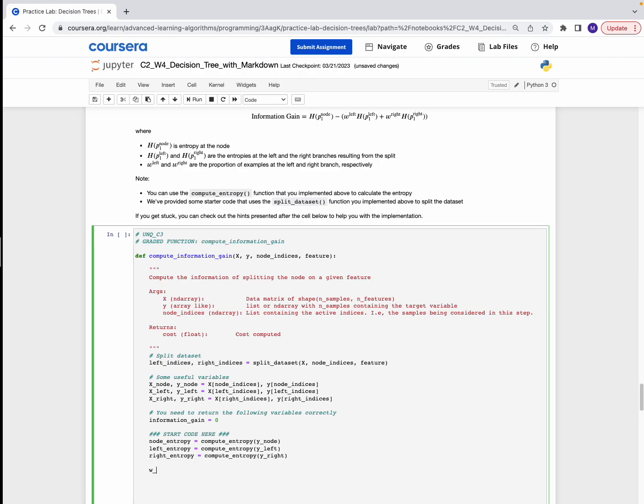To get this y left variable, it is the fraction of x left divided by length of x node. So this will give us the fraction like 3 out of 10, we have 3 out of 10 examples on the left side of the tree, and maybe we have 7 examples on the right side of the tree.